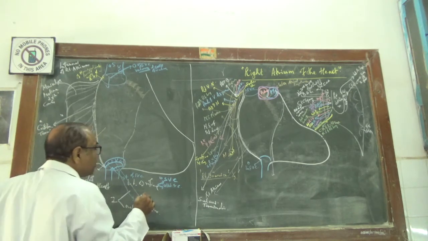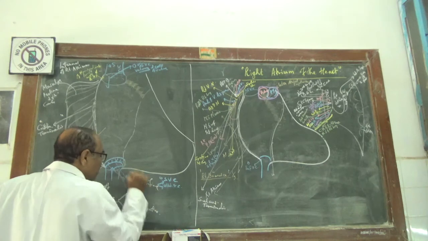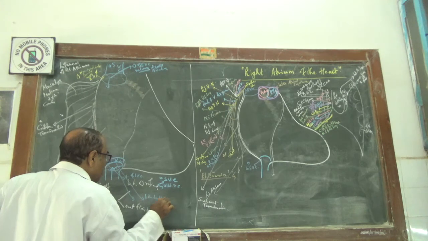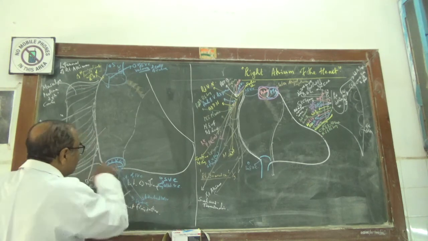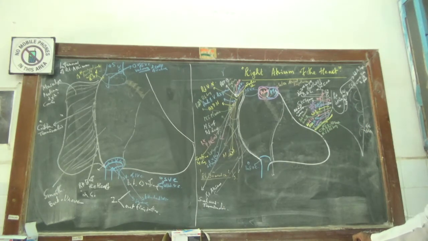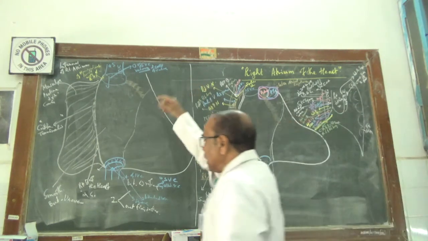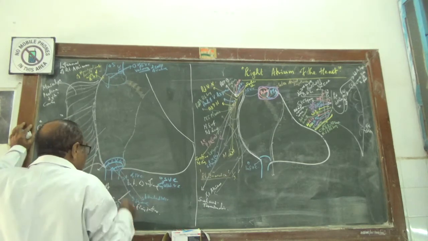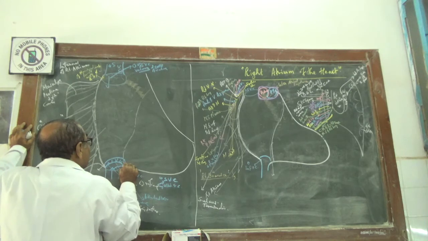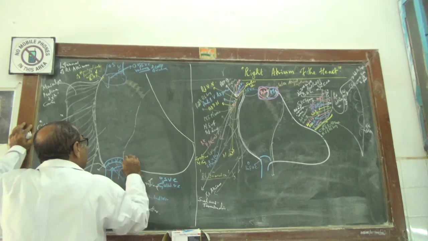There are two parts: one is the attached part and another is the free part. The free part is on the internal aspect of the anterior part of the orifice of the inferior vena cava, while the attached part is on the internal aspect of the posterior portion of the inferior vena cava orifice.